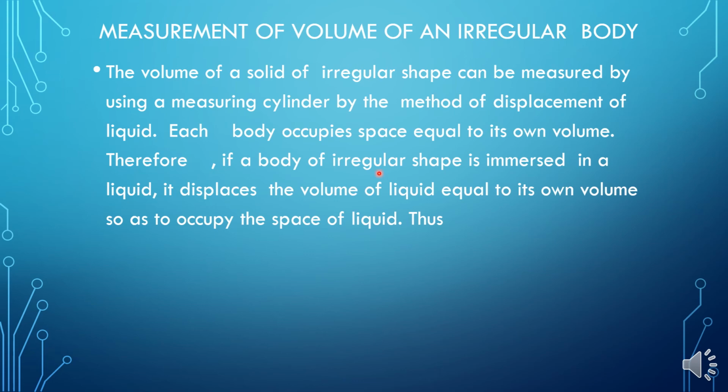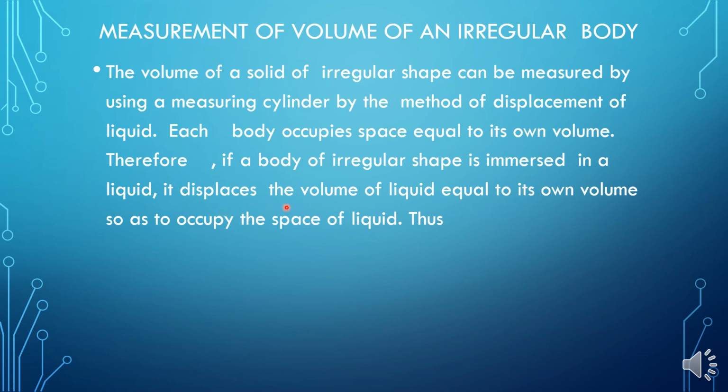Therefore, if a body of irregular shape is immersed, that means dipped, into the liquid which we have taken in the measuring cylinder, what happens? If we take the solid and dip it into the liquid of the measuring cylinder, it displaces the liquid. When it displaces the liquid, according to the volume of the solid, as it has its own volume, that much liquid is displaced by the irregular body.